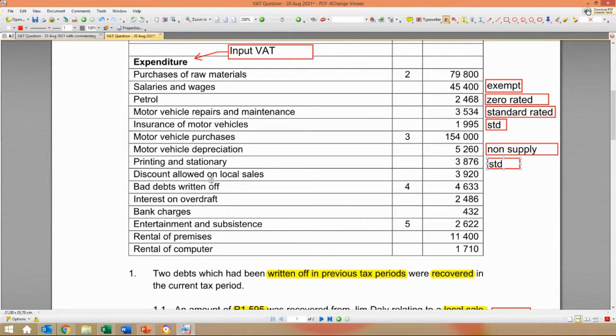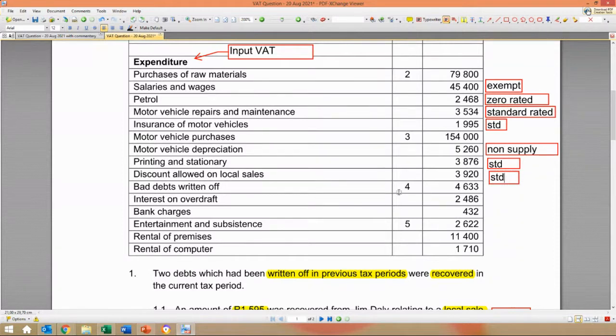So for this reason, that discount allowed is also standard rated. Okay, so if it was on export sales, then it would have been zero rated. So any discount that we receive or that we allow would be exactly at the same rate as the original sale or purchase. Okay, so that is something to remember in a question.